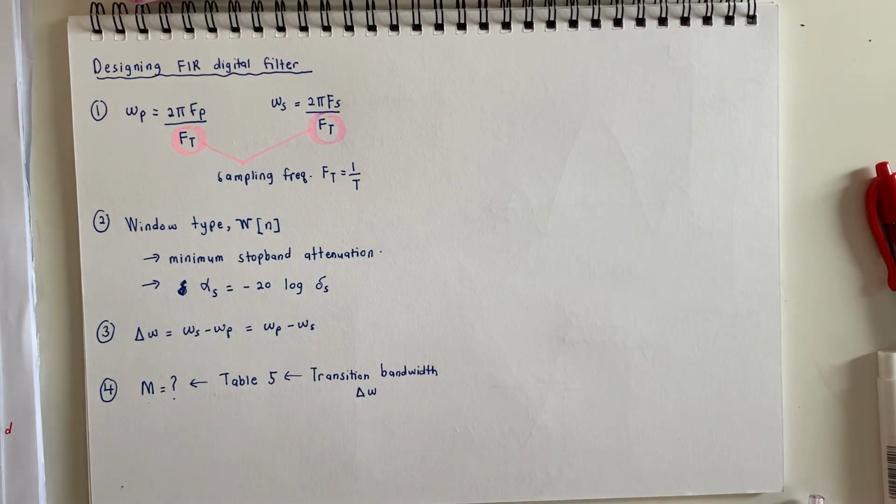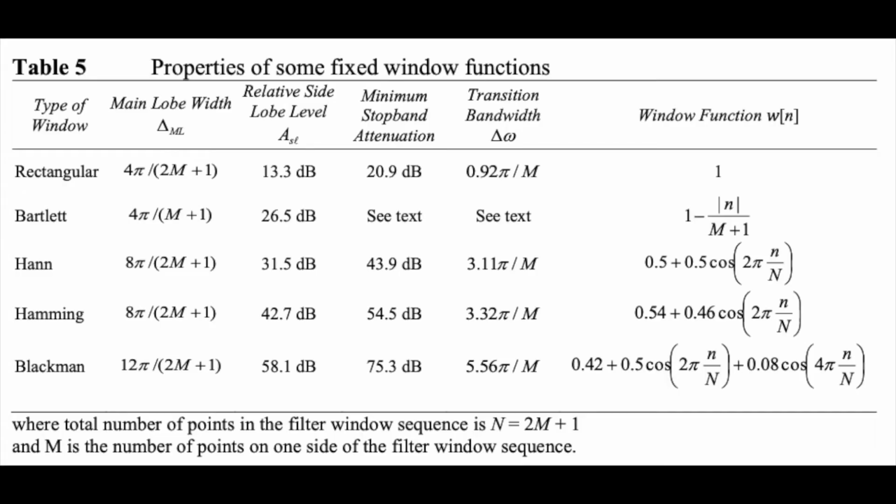If you refer to that table, you may wonder which transition band you need to refer to. In step number 2, you already determined what type of window you are going to use. So based on the window type, you refer to that row.